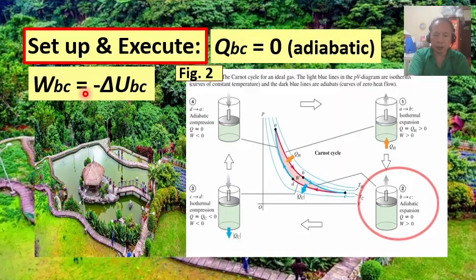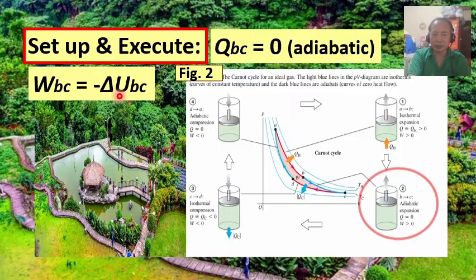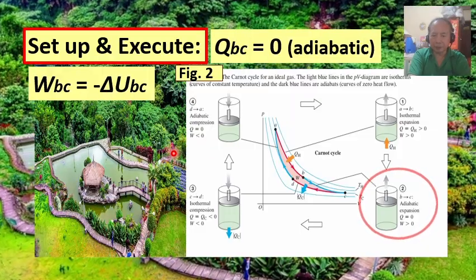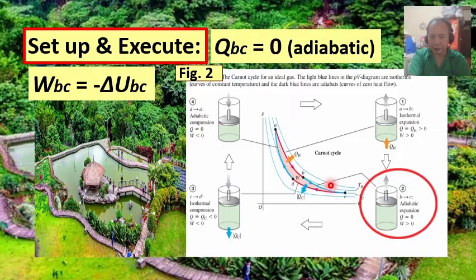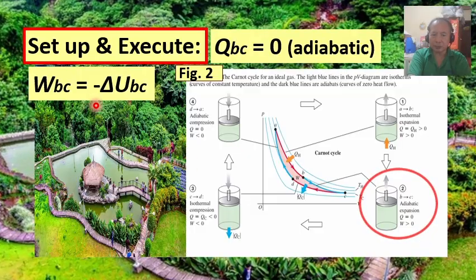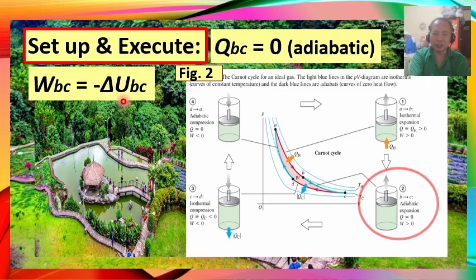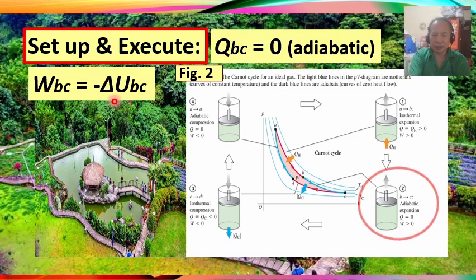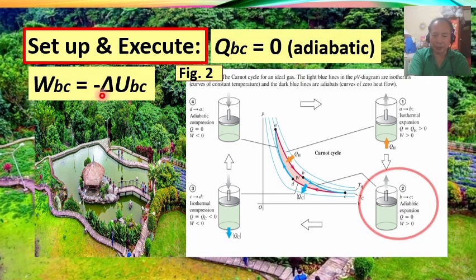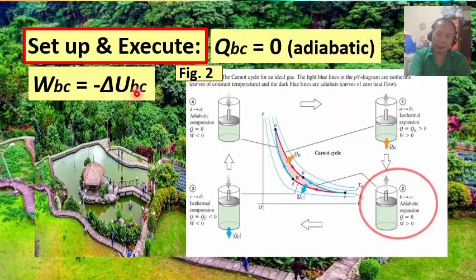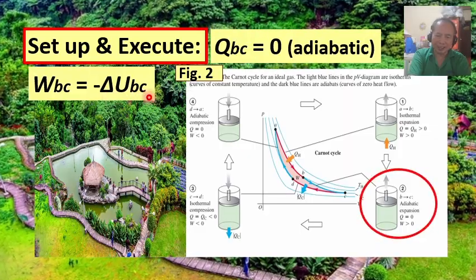Which means that there's work done by the system or by the gas, but it corresponds to a decrease in the internal energy of the gas. That is what is meant by the negative sign of delta U sub BC.